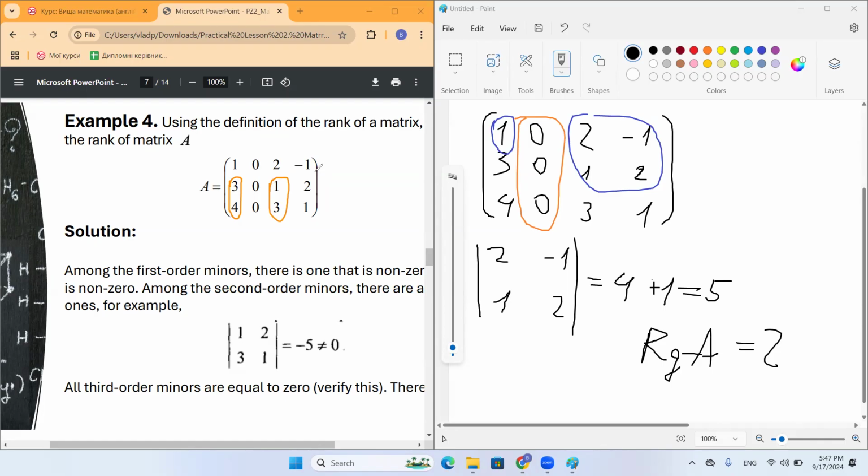I don't understand what you mean actually. So we can go with this minor. Use the third, yeah, the third minor, second column.